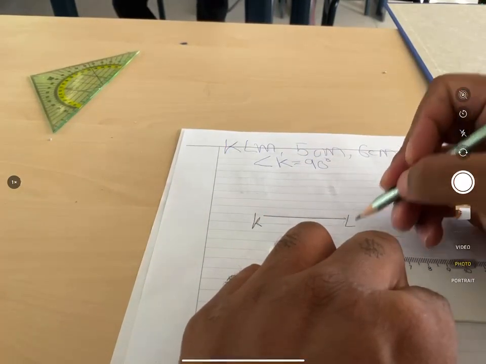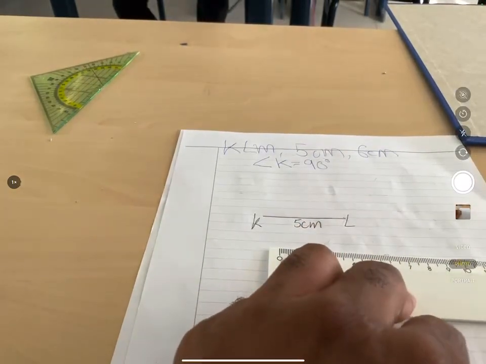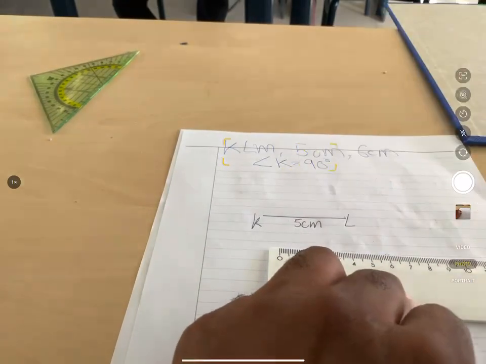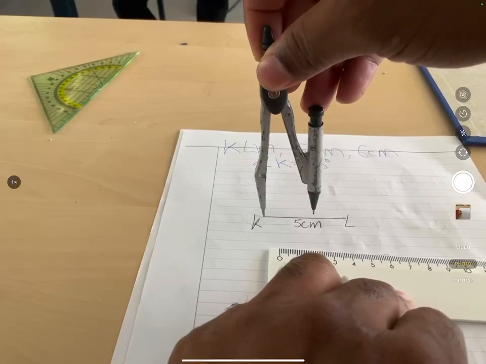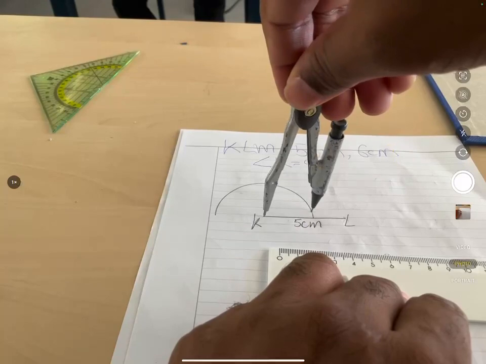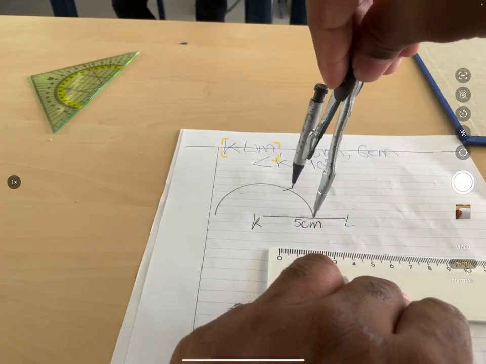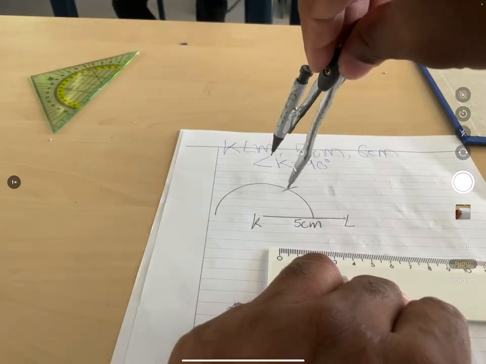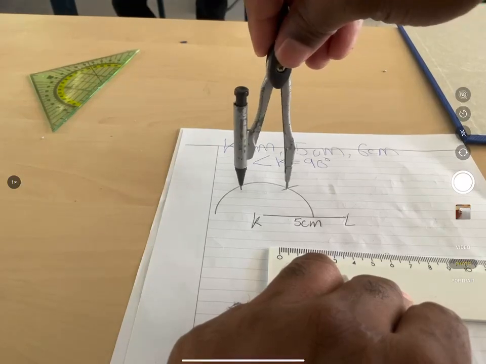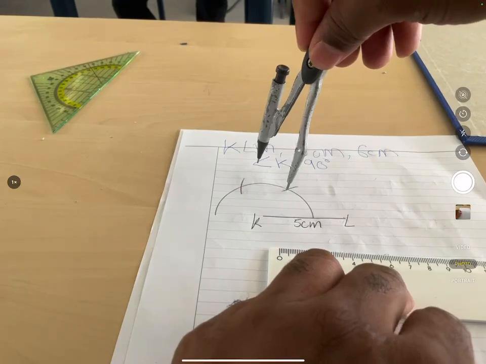K, L, 5 centimeters. You have your compass. You keep doing the same thing. Semicircle, the first one, 60. You stand there exactly at the 60 and you create another one. Yes, don't worry about that one.